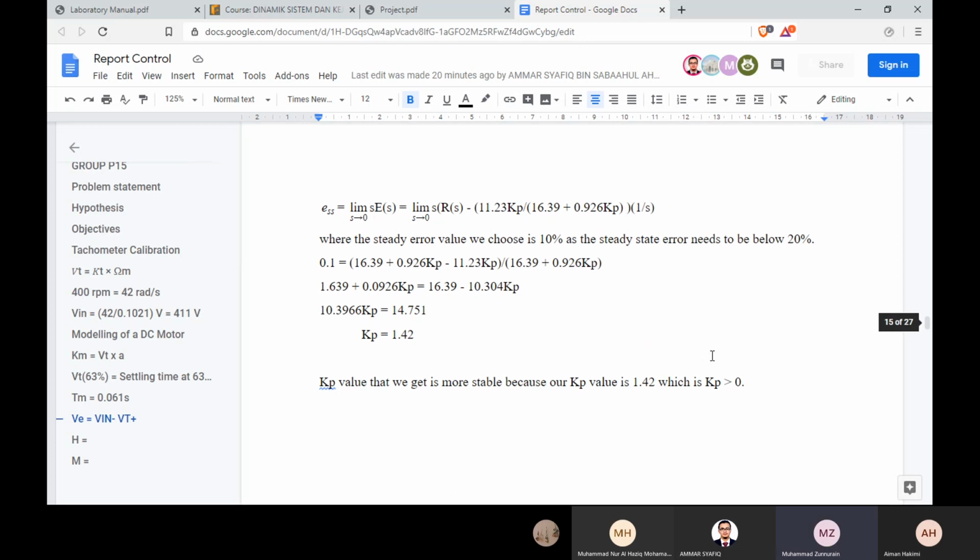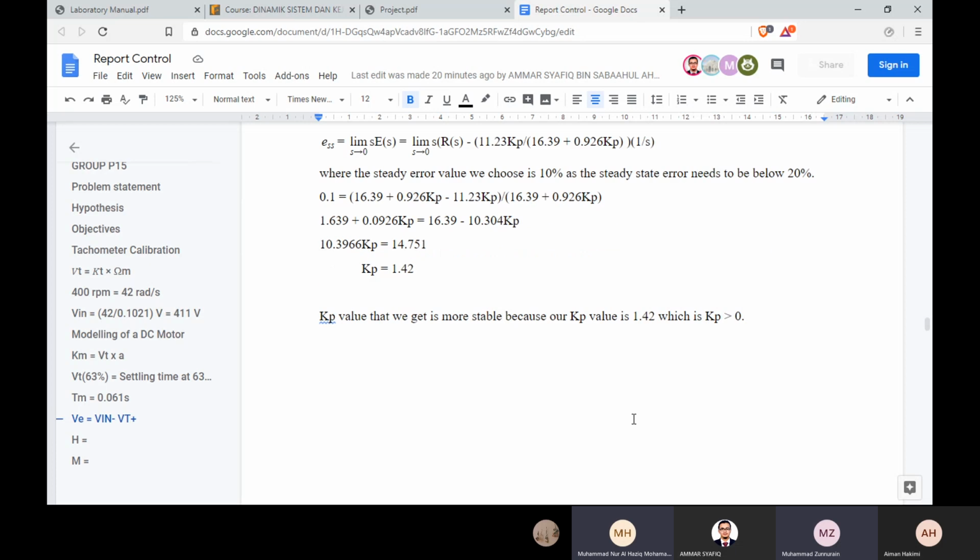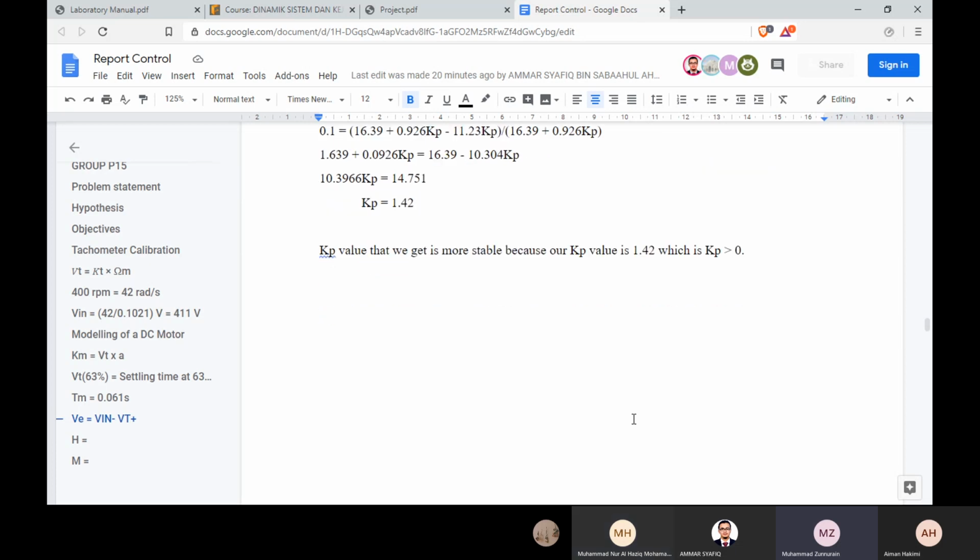The steady state error needs to be below 20%, so we choose 10% as the steady state error value. Putting the value in the equation, we get the proportional gain value of 1.42. So it is stable because our proportional gain value is more than 0.